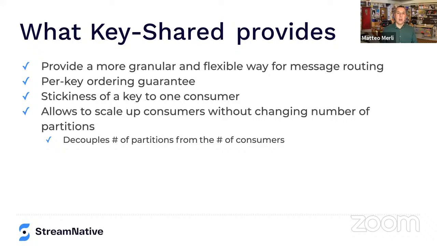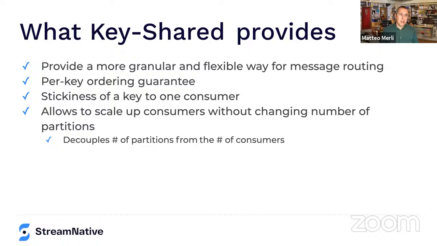So we don't need to have per partition ordering, but you need some kind of application domain property, which is represented by the key, to have your ordering guarantee. And the other property is the stickiness of a key to one consumer. So the same key will be sent to the same consumer in order.